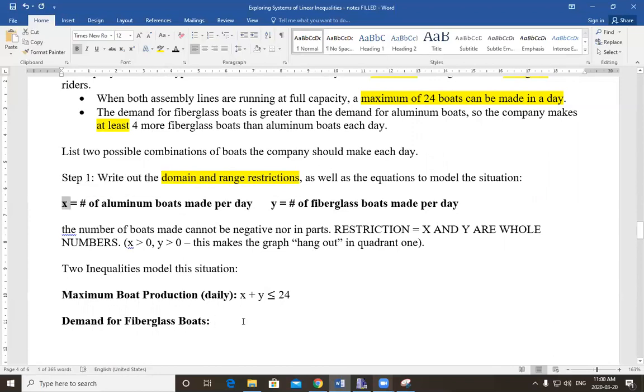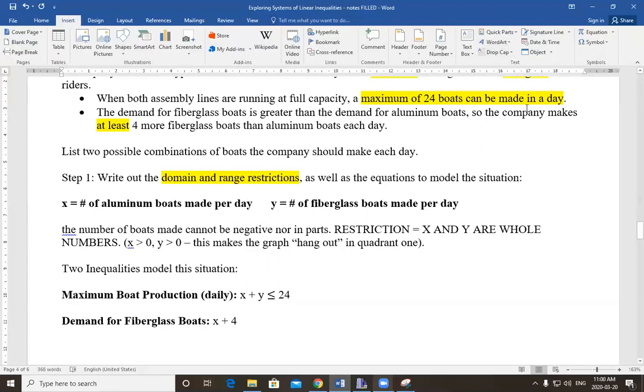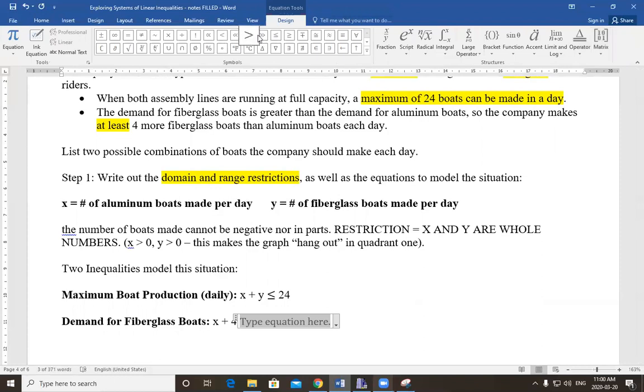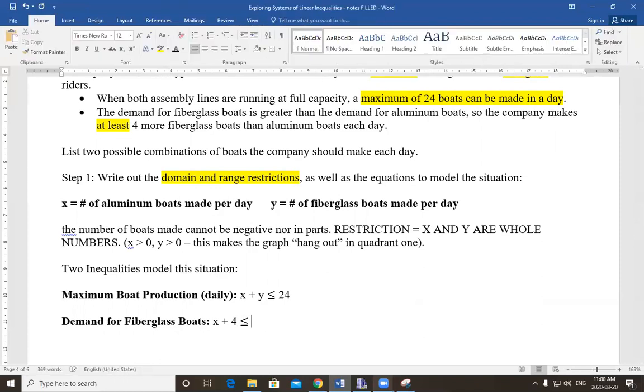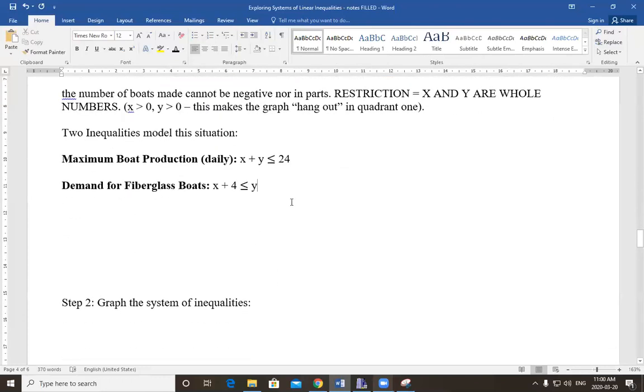So if X is our general number of aluminum boats, 4 more then means plus 4. X plus 4 would have to be less than or equal to Y. So Y being the number of fiberglass boats, if you read it backwards, Y would be greater than or equal to X plus 4. So those are the two inequalities.